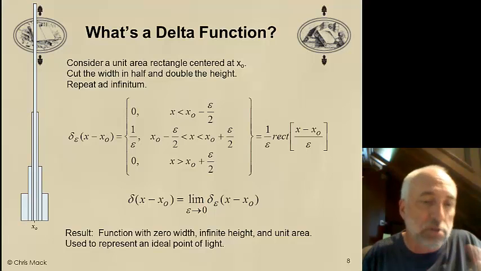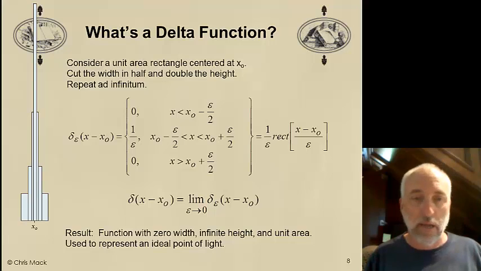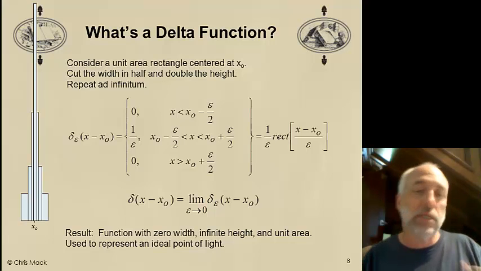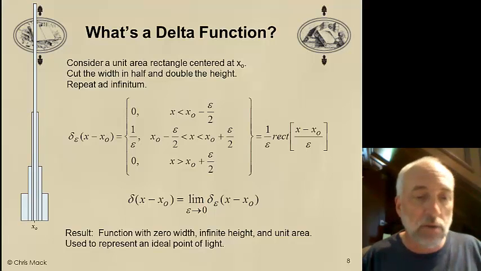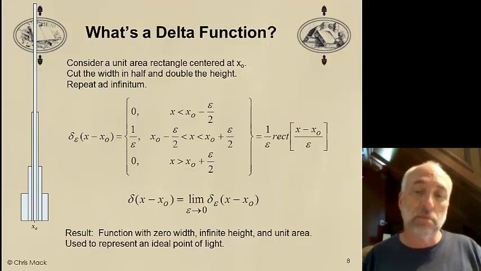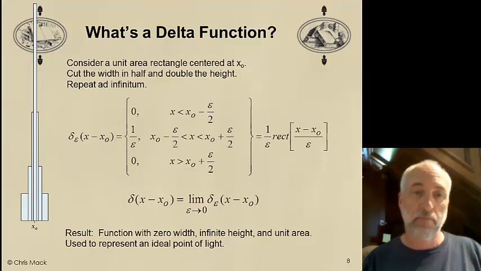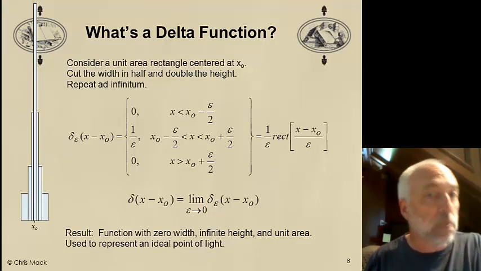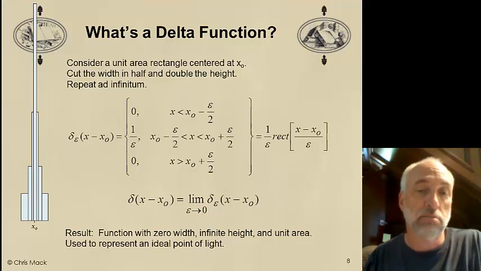That is, it has a certain amount of energy in that point. I don't let the energy become infinite, and I don't let the energy go to zero. I say the energy is a certain value. I'm just mathematically thinking of the size of that light source to be a zero width. So delta functions represent idealized points of light.